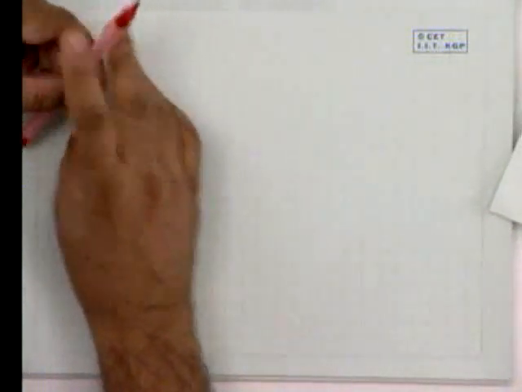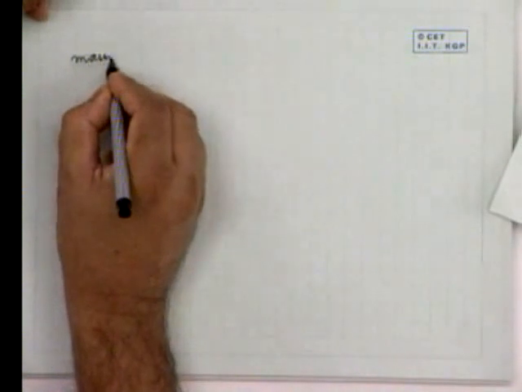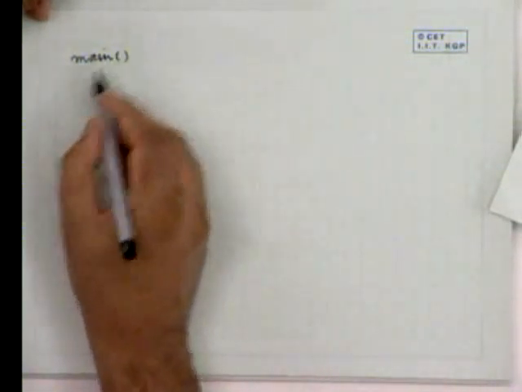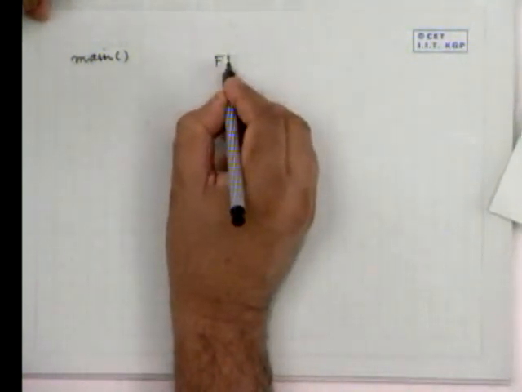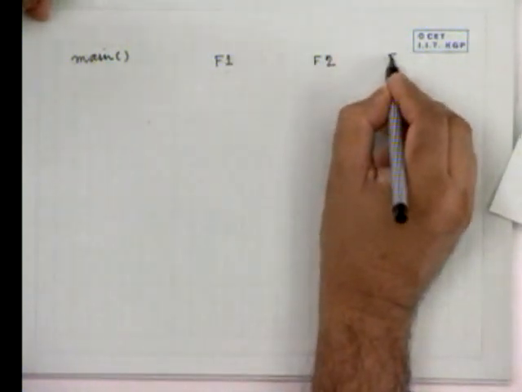Now you see this can be executed in a nested form and repeatedly. For example, say you have a program here, so you have a main function, then a function F1, then a function F2, and then a function say F3.